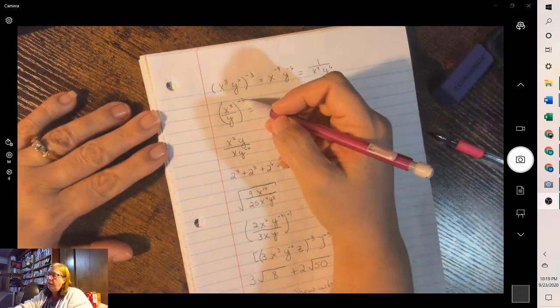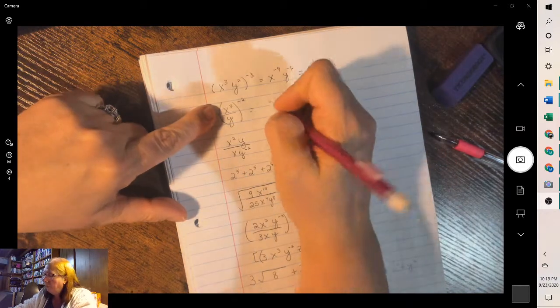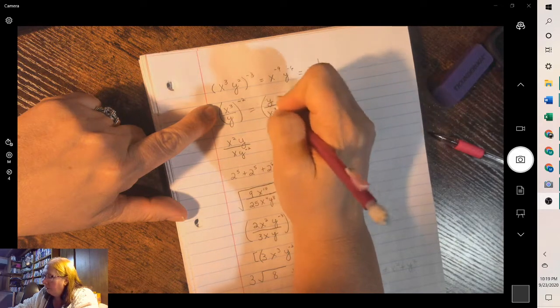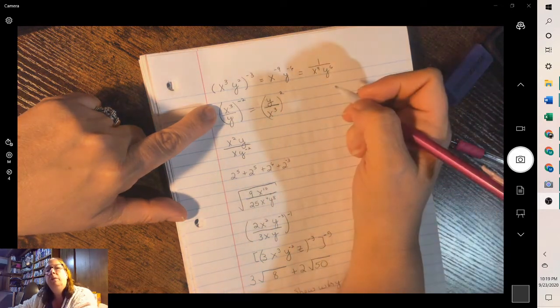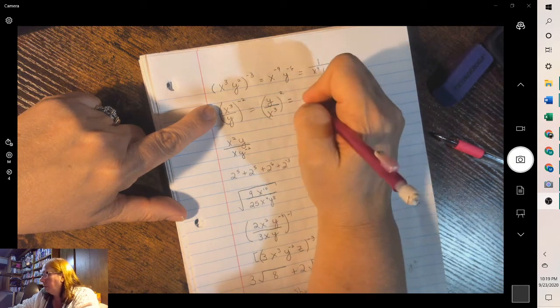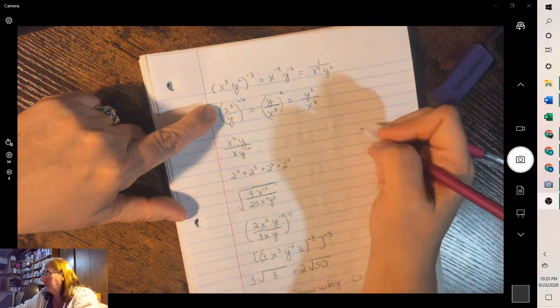This one, I would probably flip the fraction first to make my negative positive. If I flip it, I have y over x cubed. That makes this a positive 2. And then distributing, exponent to an exponent's multiplied, so we have y squared over x to the 6th.